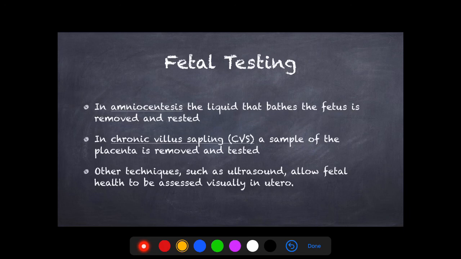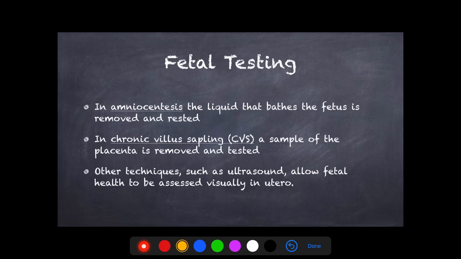Now, there are ways that you can test your baby while still in the womb to see if they have or show any of these symptoms. There's one called amniocentesis, where basically you are testing the liquid that the fetus is floating in. You remove that liquid while still in the womb of the mom, and you test it. There's also something called chorionic villus sampling, which is also CVS.